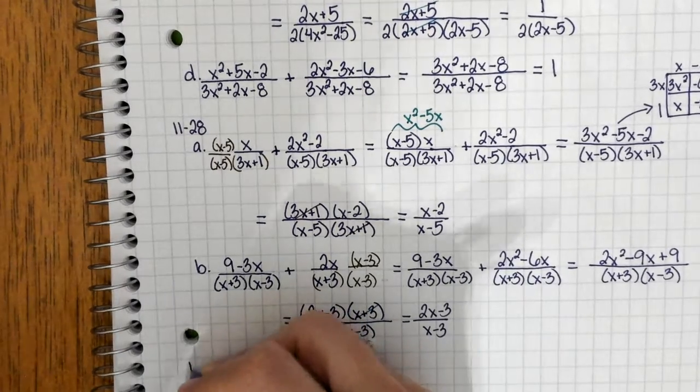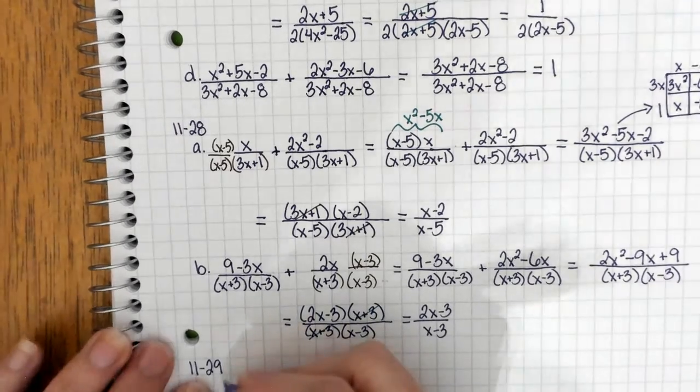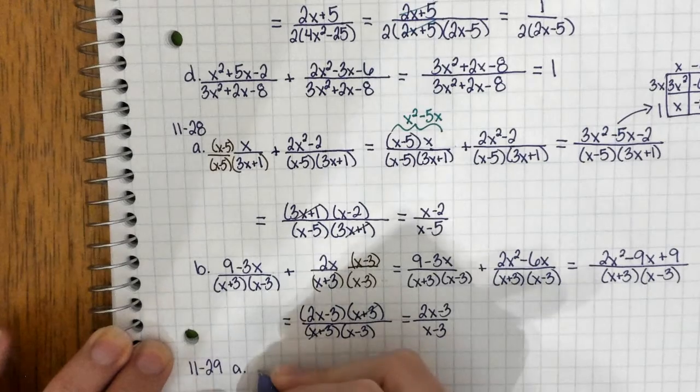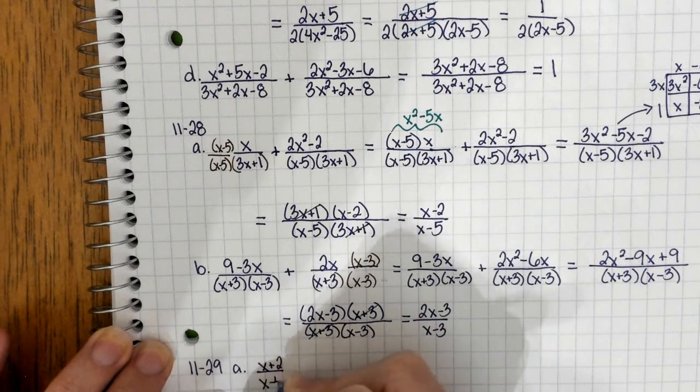On 29, I'm going to just do part of it. Explain why x cannot be 4. So on part A, it says x plus 2 over x minus 4.